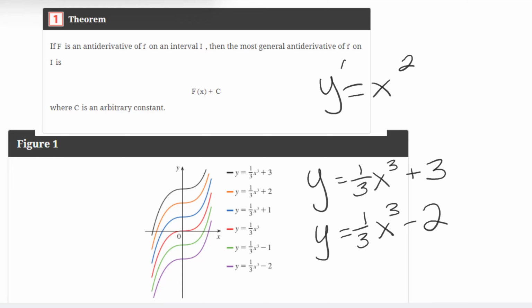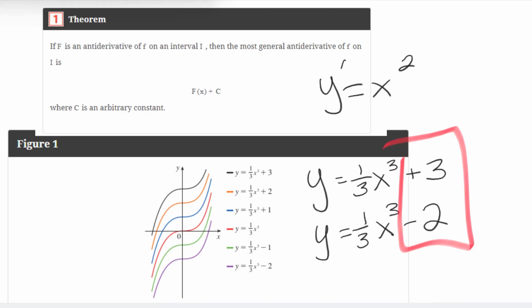It doesn't matter what number I put over here. It just disappears anyway, correct? So when we're going from a function to the derivative, we lose information. We lose those constants at the end. And the farther I go, if I did another derivative of it, I could possibly lose more information.